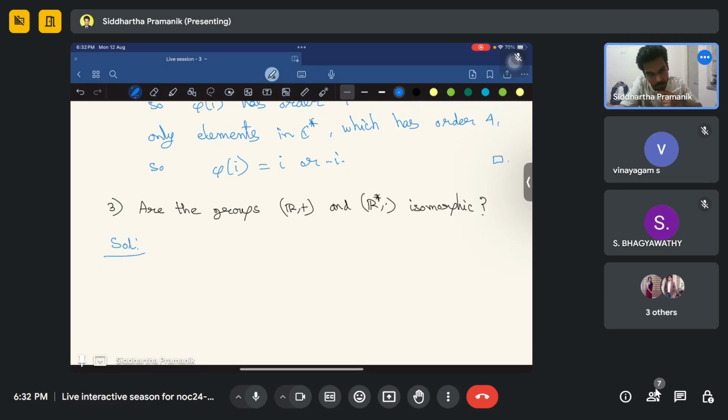So if there exists an isomorphism, then what happens? Suppose phi from R star, dot, to R, plus, is an isomorphism.